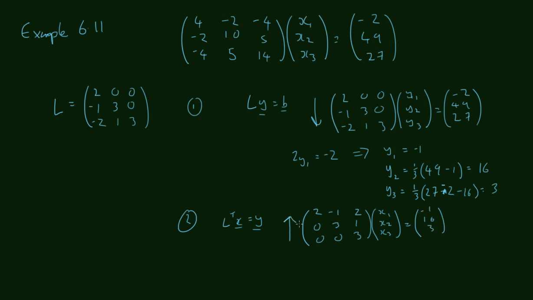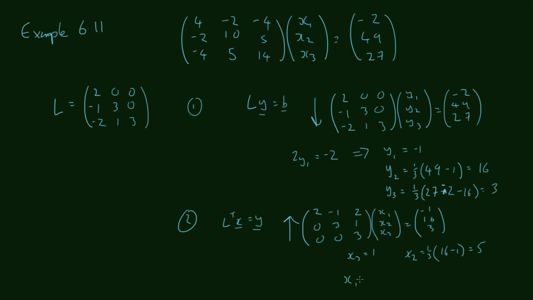We're going to do this using back substitution. So 3x3 equals 3, so x3 is clearly 1. For x2, the coefficient is 3, so that's 1/3 times 16 minus x3, so 15, which gives 5.